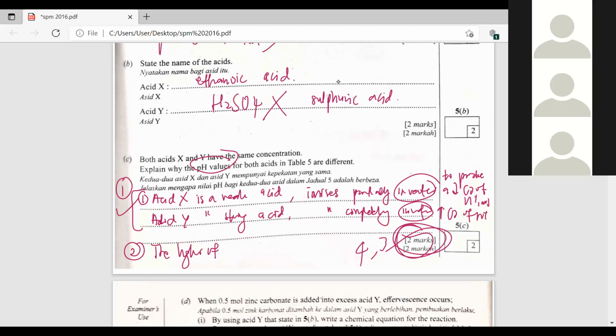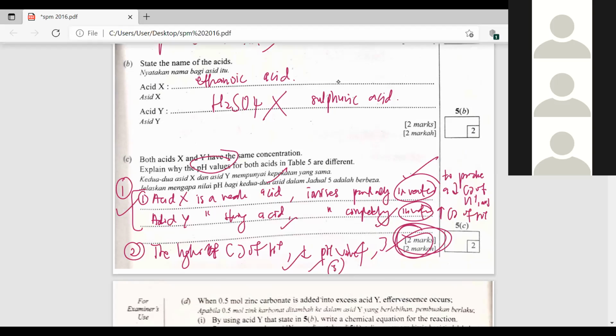Very good. The higher the concentration of hydrogen ions, the lower the pH value. Perfect, 3 marks here. In essay, you would have gotten 5 marks. 1 mark, 2 marks, 3 marks, 4 marks, 5 marks. That is why I'm teaching you to answer full. This is a perfect 5 marks for essay, 2 marks for structure. Can you all see clearly what teacher is doing here?